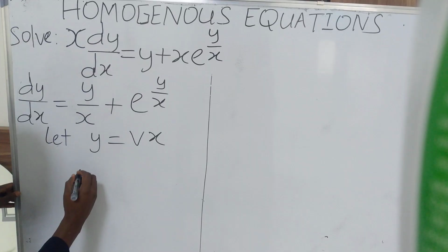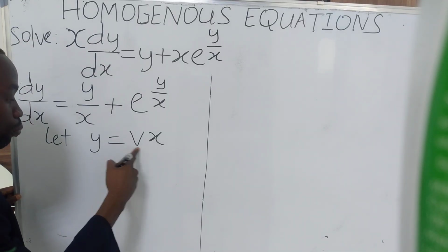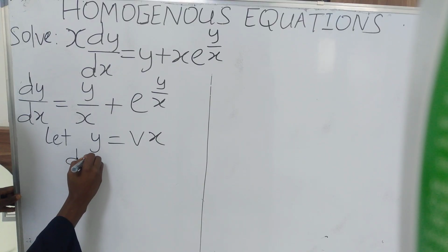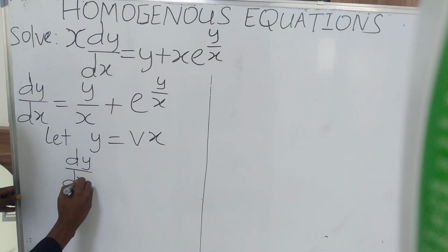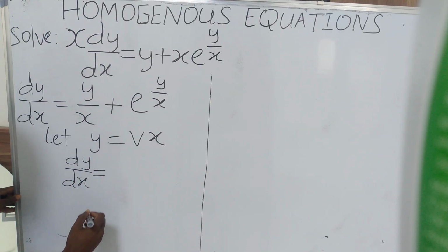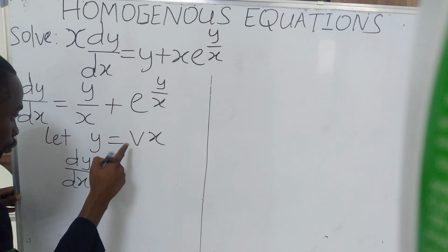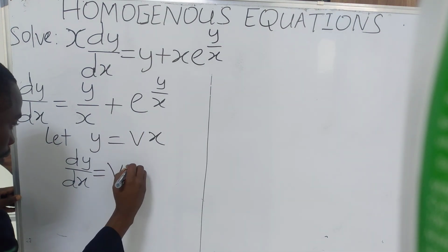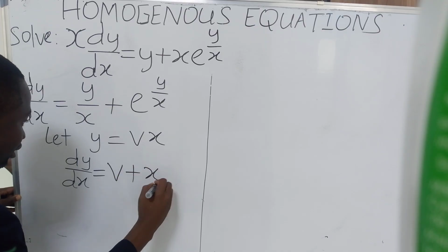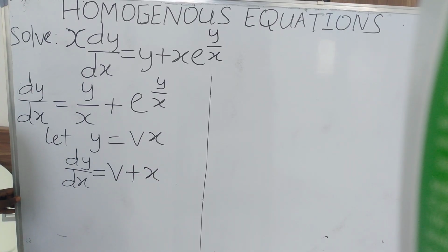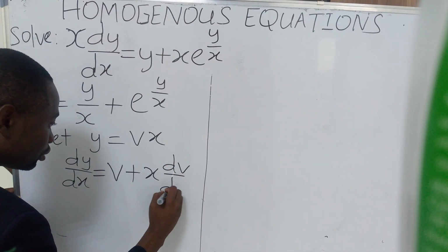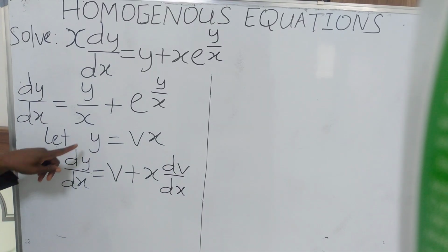Once I do that, vx is a product, v times x. So if I do dy/dx, it's going to give me v plus x dv/dx.